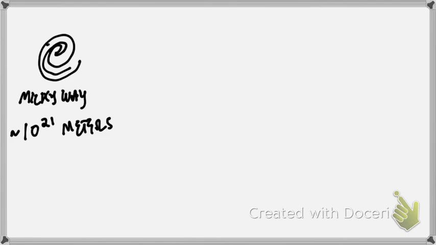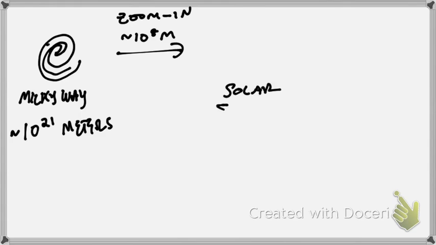And from there, we zoomed in about another 10 to the 8 meters, right? 10 to the 8 meters. And when we zoomed in 10 to the 8 meters, we got to our solar system.